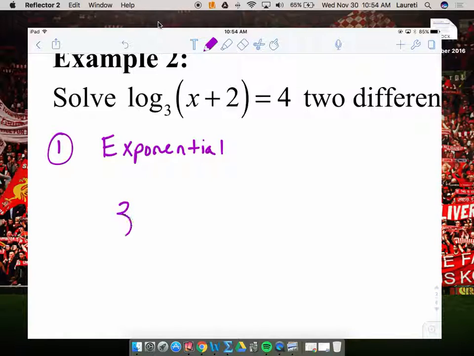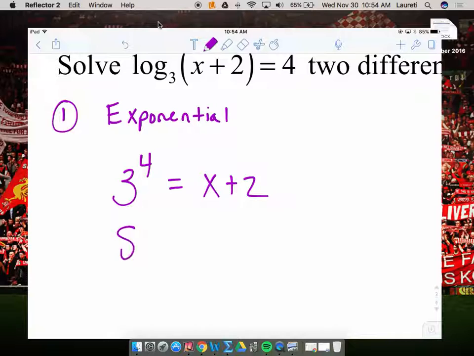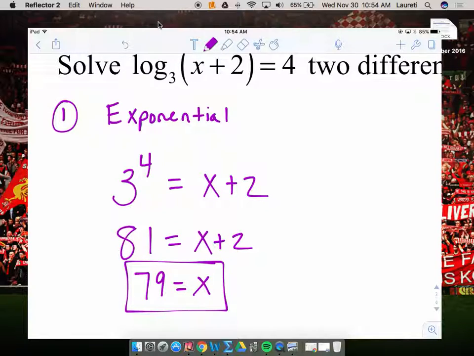Okay, so that would make it 3 to the 4th is equal to x plus 2. So we know 3 to the 4th is 81. So that would make x 79, right? So you just want to make sure, when I plug in 79 into here, does that give me a positive number? Obviously it does. So that is good to go.